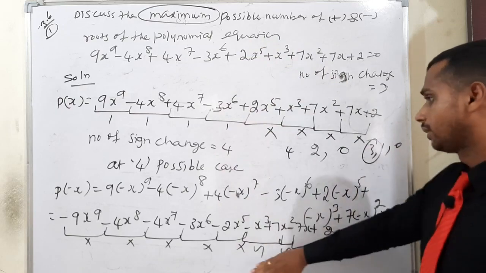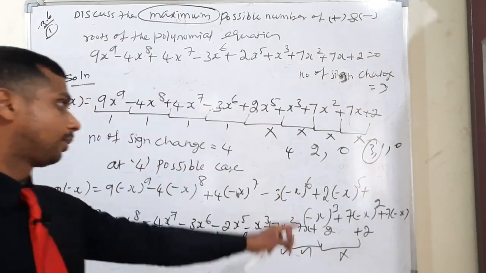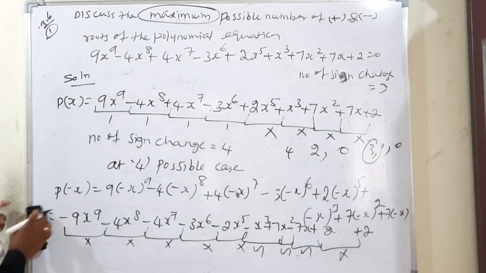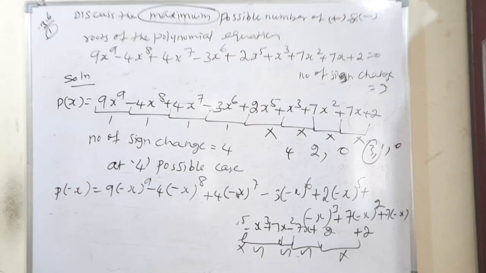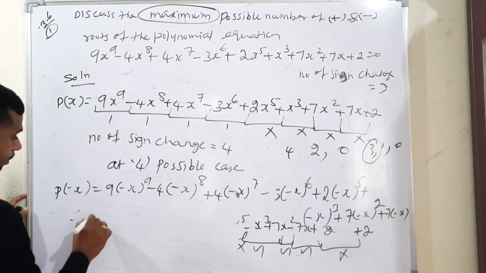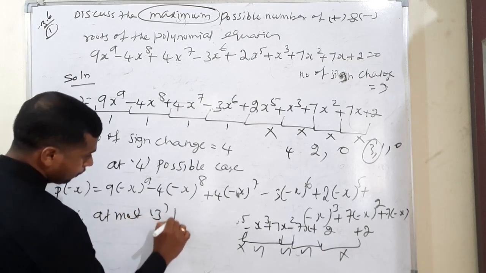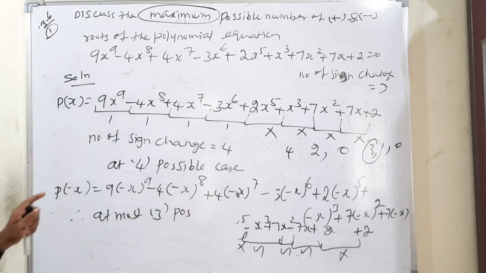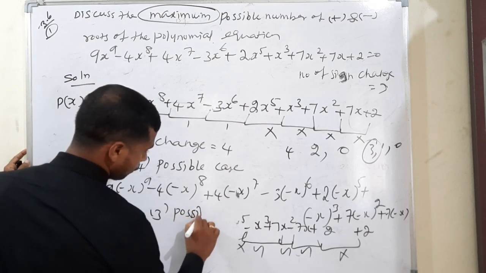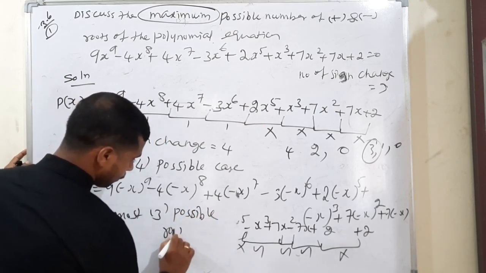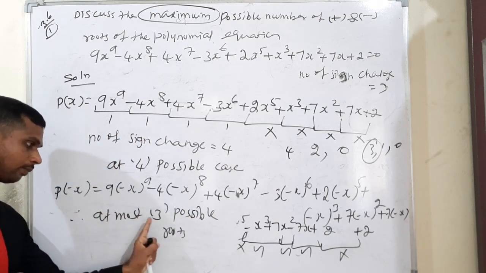So in negative real roots, the maximum is 3. Here we can write the answer as at most 3 possible roots.